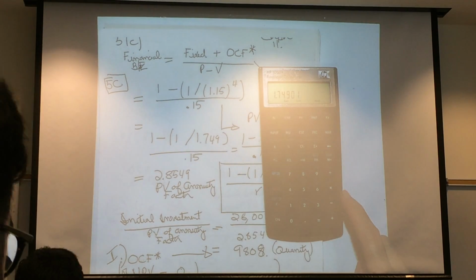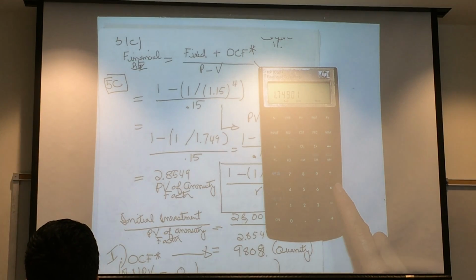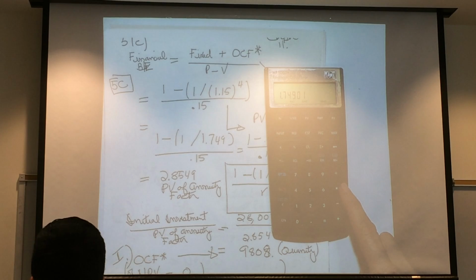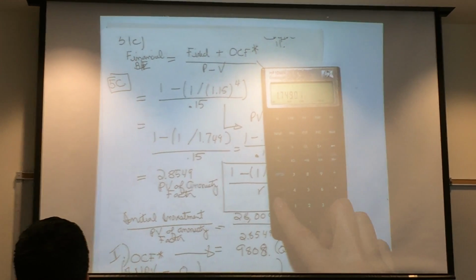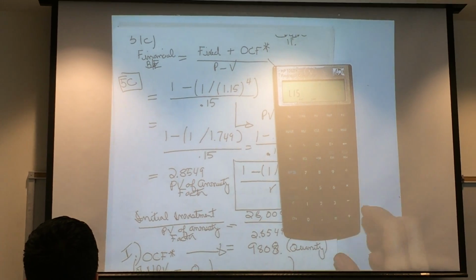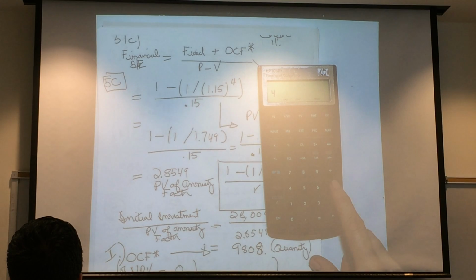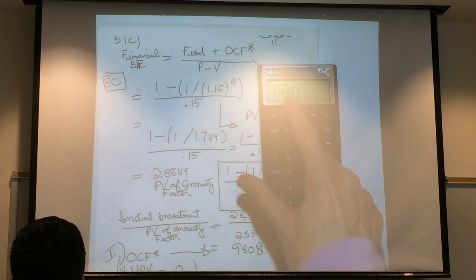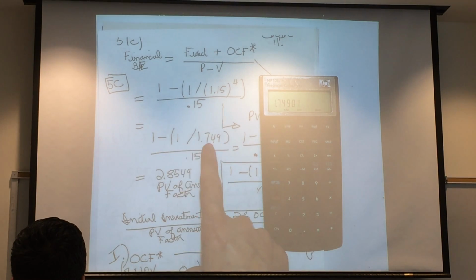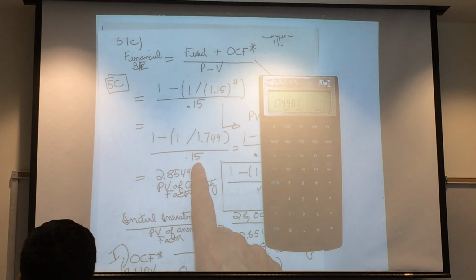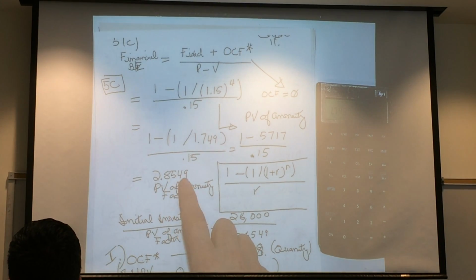Remember how to do that with this over here? Again, take the 1.15, down arrow key, hit the X, hit the 4. That's the factor. Then you divide that into your 1, put it in your formula. The present value of annuity factor is 2.8549.